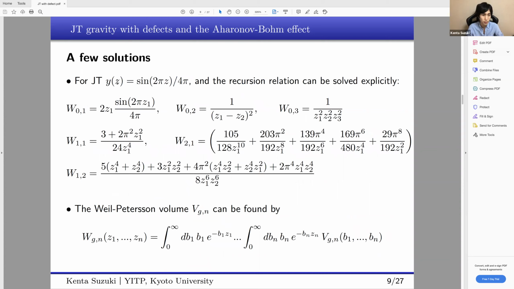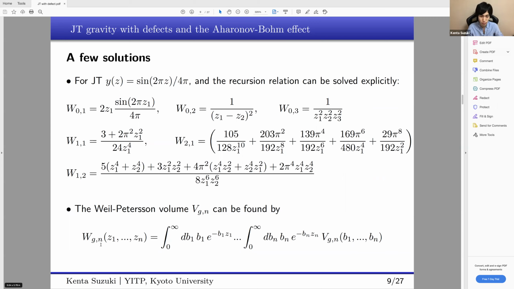For the JT gravity case, the leading disk geometry spectral density is given by sine 2 pi z over 4 pi. If you put this input into the recursion relation, it gives you all higher genus contributions. And some explicit solutions are given for some of these lower contributions.